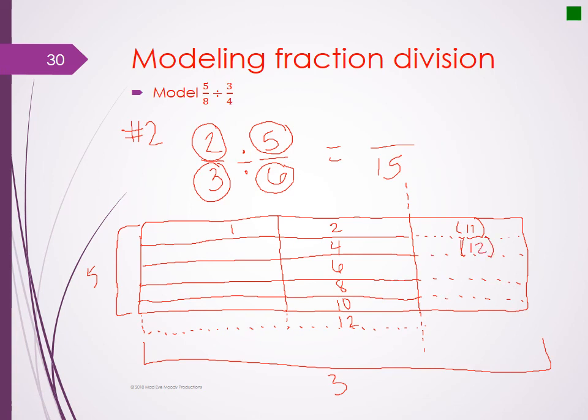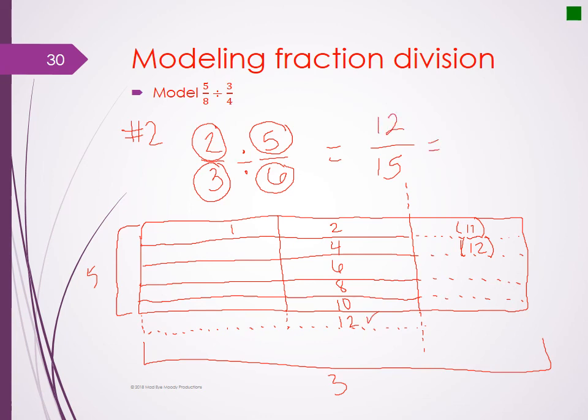Either way, you're using 2 more pieces because that's how many 15ths are in one of the 5ths of the 2/3. So then I say, look, I've had 2, 4, 6, 8, 10, 12 of the 15 pieces.